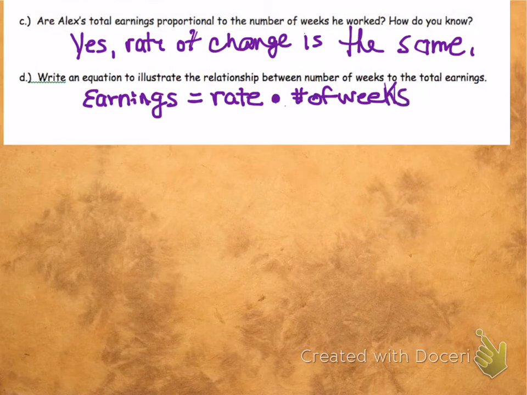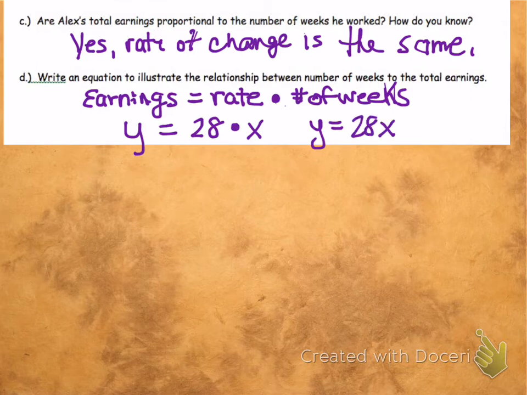And in our equation, the earnings would be our y, we said that would be the output. The rate is $28 per week, and then the number of weeks would be x. So your equation is y equals 28x.